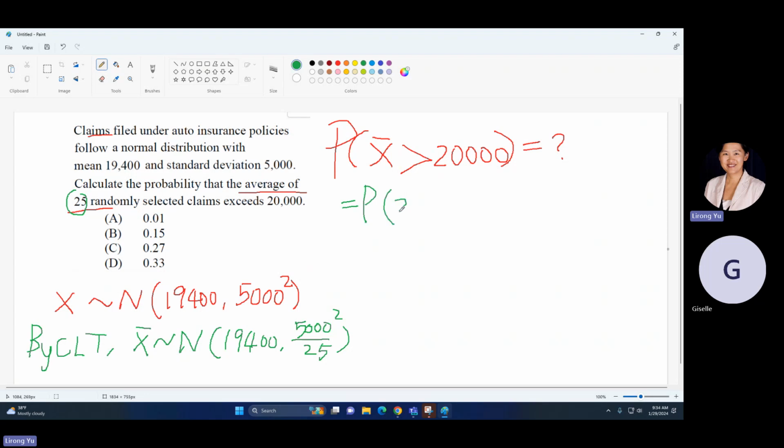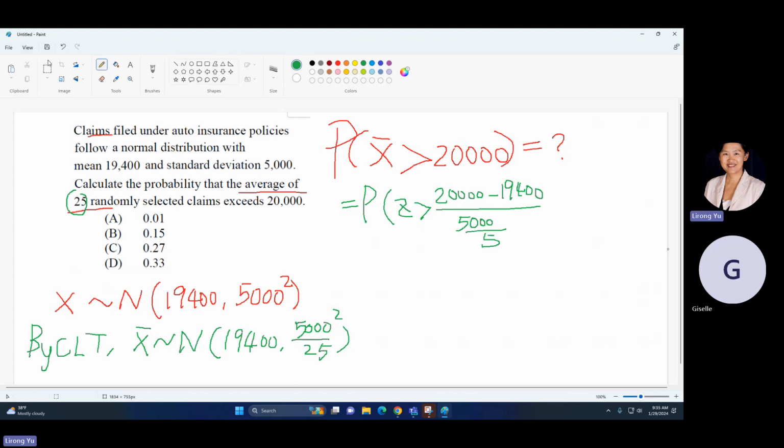the probability that Z is higher than, you're going to take the 20,000 minus the mean, 19,400. You will divide by the standard deviation, so that's 5,000 over the square root of 25. The square root makes the denominator 5.